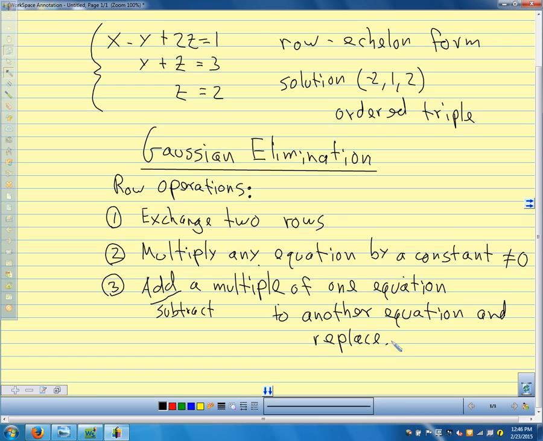So these are the steps we're going to use to solve these three-variable systems. When we do the row operations, it's called Gaussian elimination. We're solving a three-variable system by elimination, and we want to get our solution. So all I want to do today is go through a couple of examples of using Gaussian elimination on a system of equations, just to show you the steps that we use.